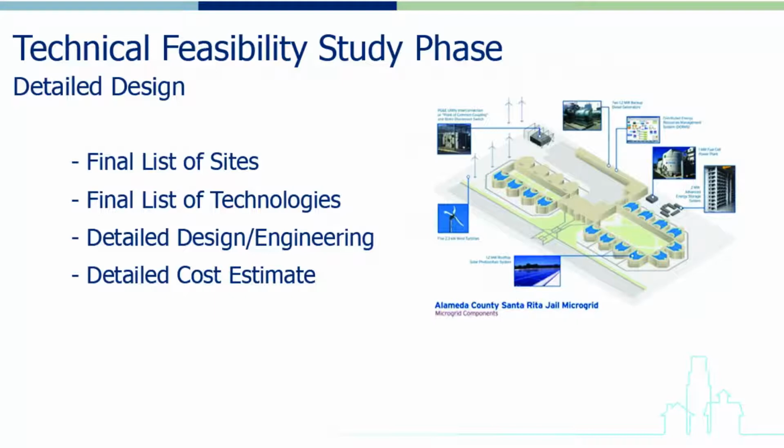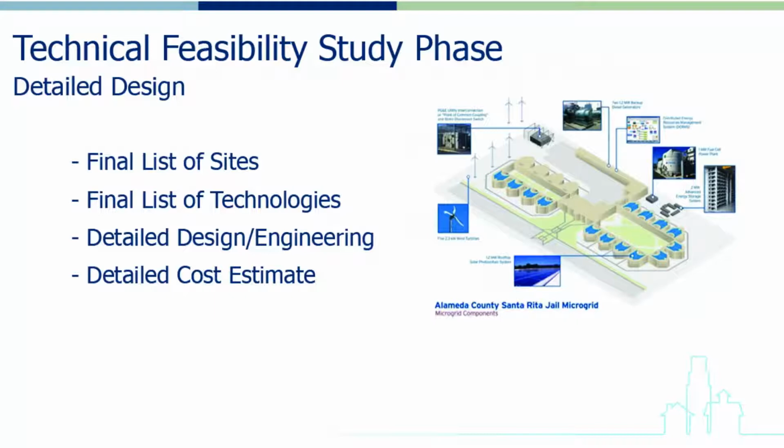The detailed design that will be delivered at the end of the feasibility study phase will include a final list of sites, those facilities that will be connected to and will use power from the microgrid. A final list of the generation technologies, from combined heat and power to solar to wind to storage, that will be used to generate power for the microgrid.